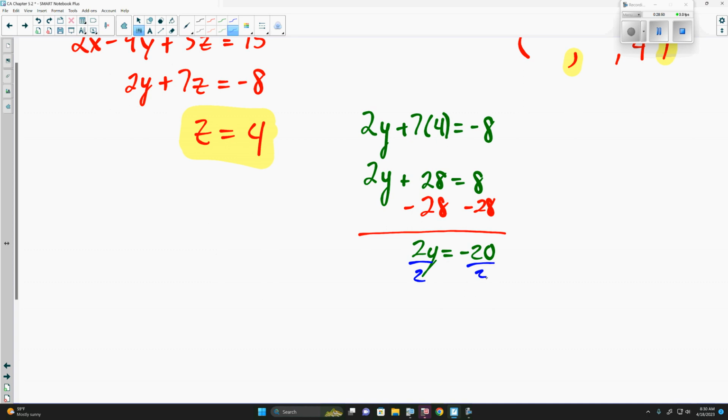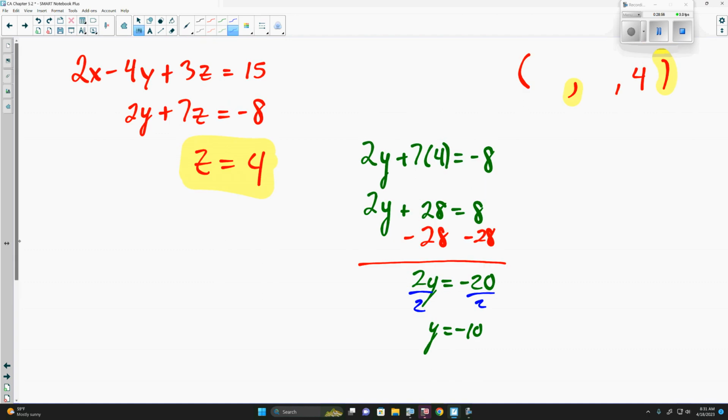Divide both sides by 2, telling us y is negative 10.